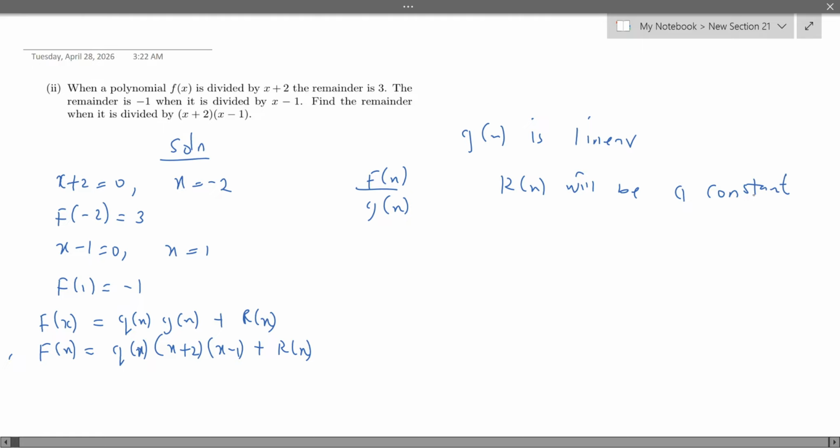You can check my previous video when I was doing division. You can verify that when we divide a polynomial by a linear expression, your remainder will be a constant.